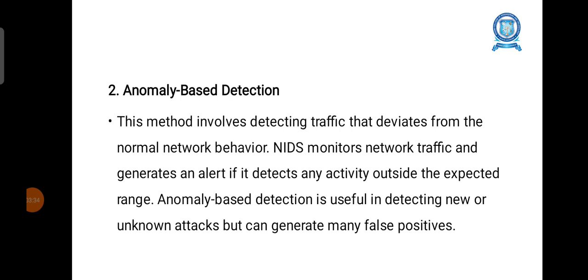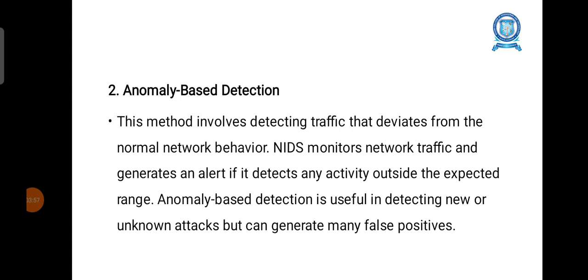In the second method, anomaly based detection, this method involves detecting traffic that deviates from normal network behavior. Anomaly means abnormal network behavior. If any data traffic has abnormal network behavior, it will be identified as an attack and the attacker's traffic.